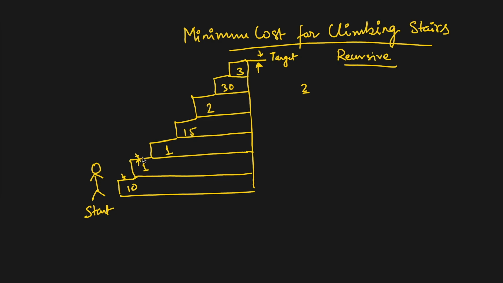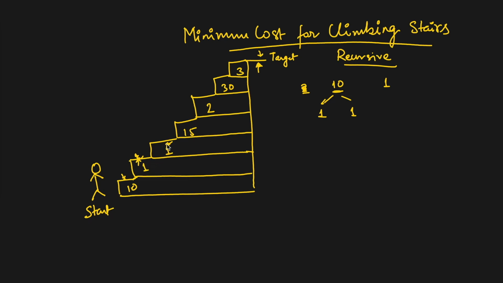Now we can go here or here. So we can start from 10 or we can start from 1, right? Let's say we go with 10 and then now we can go to this step or this step. Both cost 1, right? So let's calculate this.